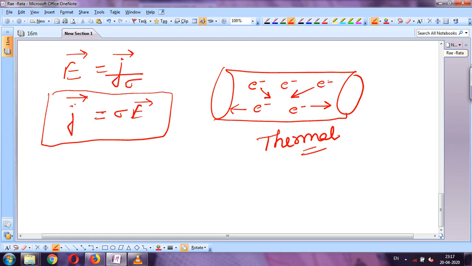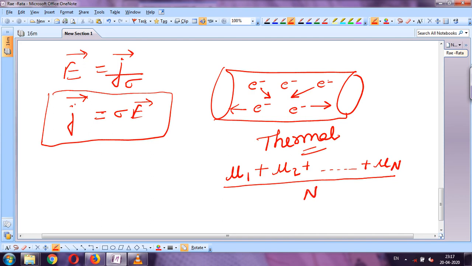Suppose there are n electrons and out of that the first electron has thermal velocity u1, the second has u2. In this way the nth electron will have un thermal velocity, and if I add them together and divide by n, the number of electrons, then what will I get? I will get the average of thermal velocities.